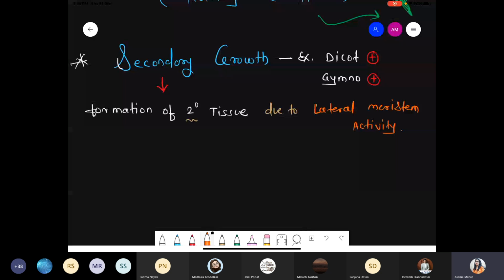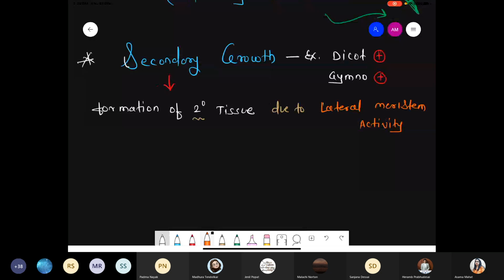Now what happens when you talk about secondary growth? In secondary growth, ultimately the girth as well as the diameter of the plant always increase.